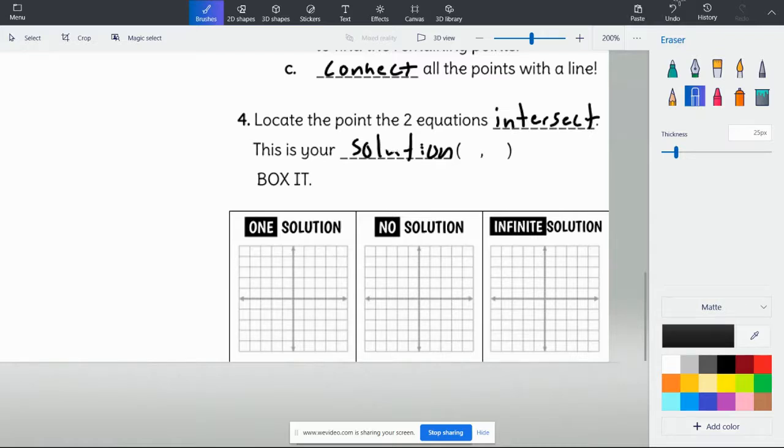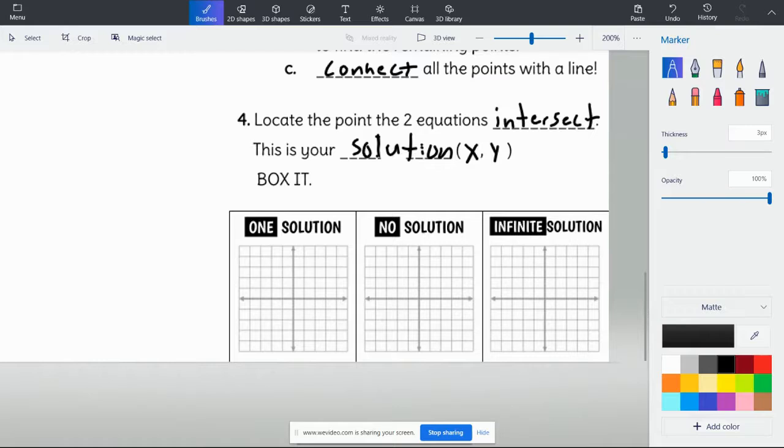Okay, that's your solution. And your solution should be in the form of an ordered pair, which is just x, y. And after you get your solution, you box it. That's just to help you understand where it is. It's a visual representation of the actual solution for things.